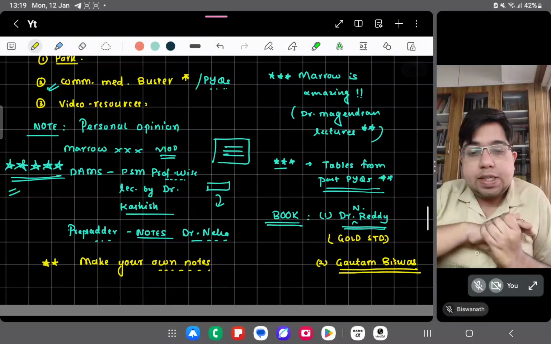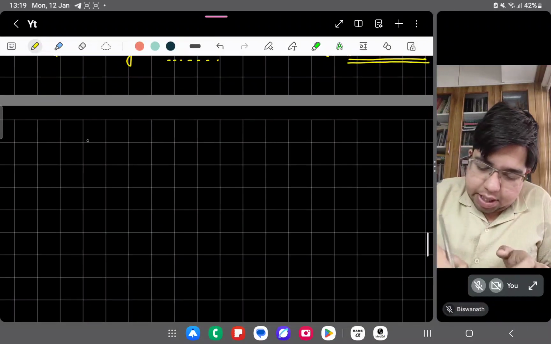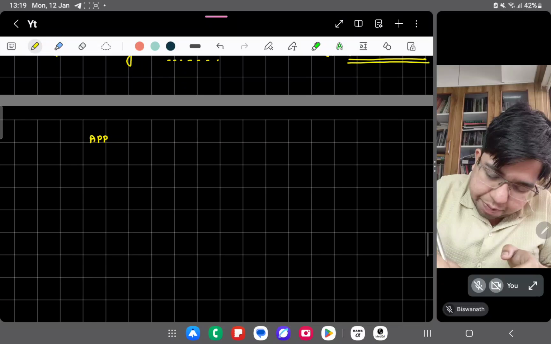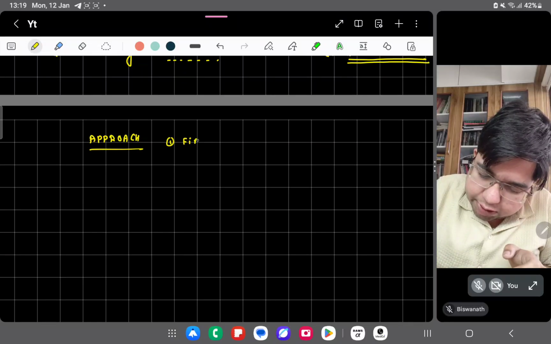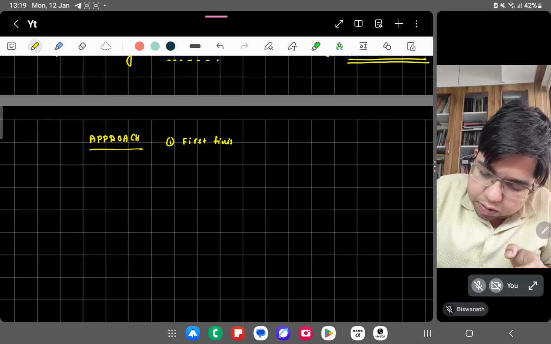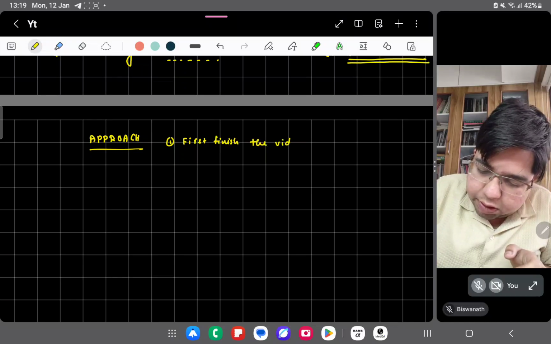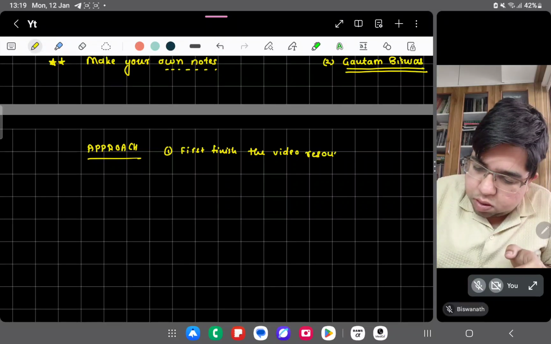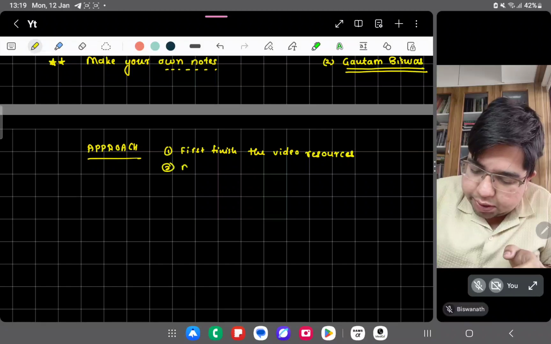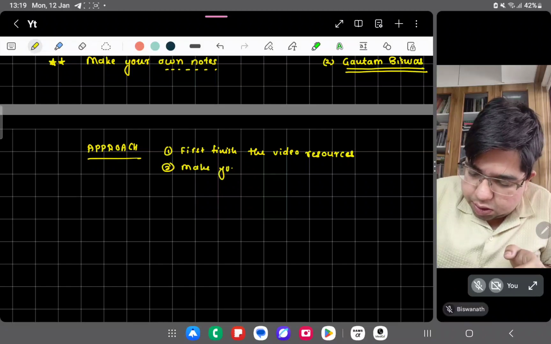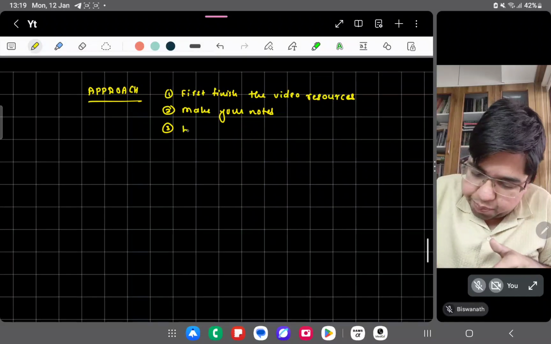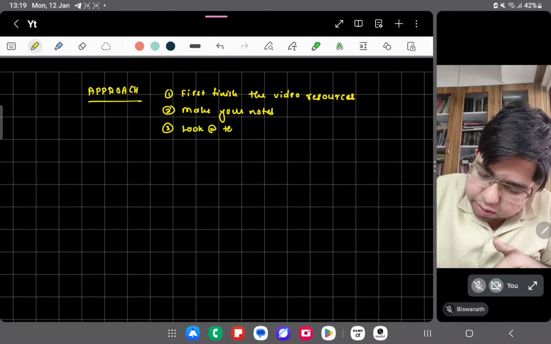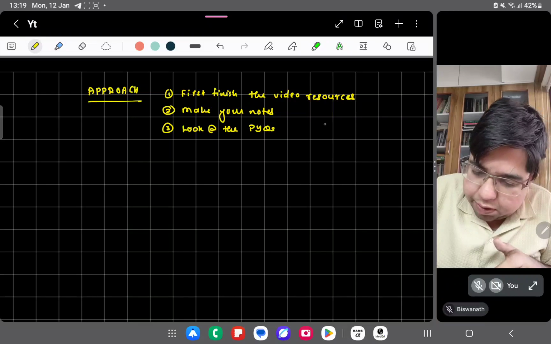You have to finish the syllabus in time. Basically, the approach will be: first, finish the video resources and make your notes. Then look at the PYQs.